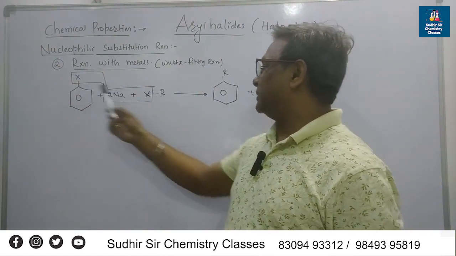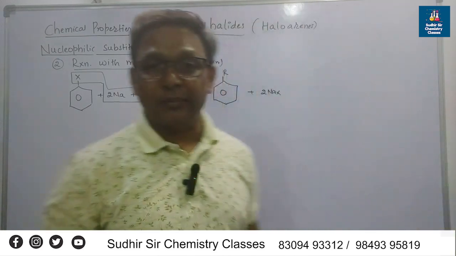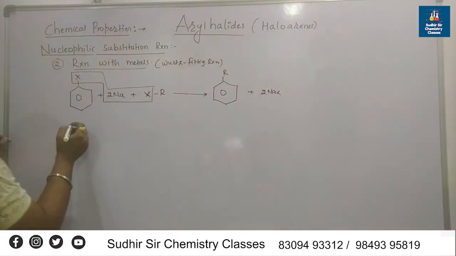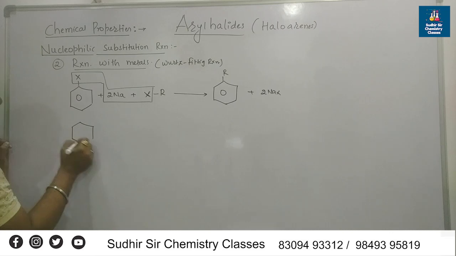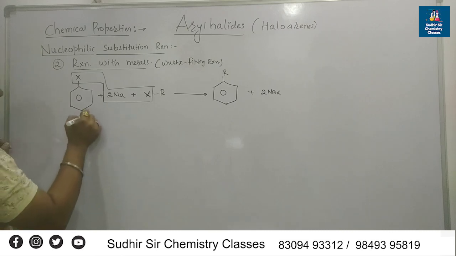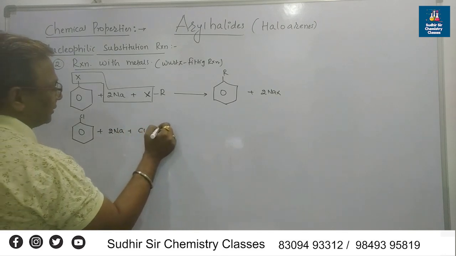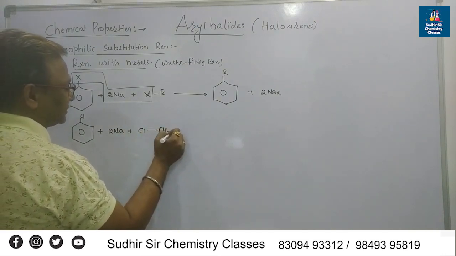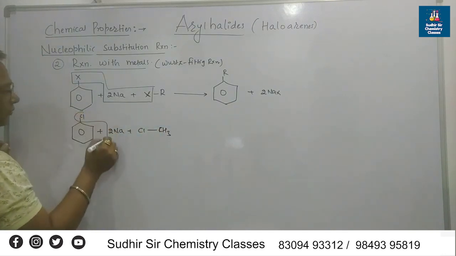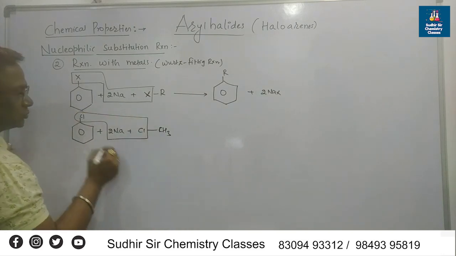R will attack over the benzene ring. We got the alkyl benzene. But we can write in this way also. See here, this is chlorobenzene treated with the sodium. It is an alkyl chloride, let us say CH3Cl. Chlorine from here, Na from here goes off.